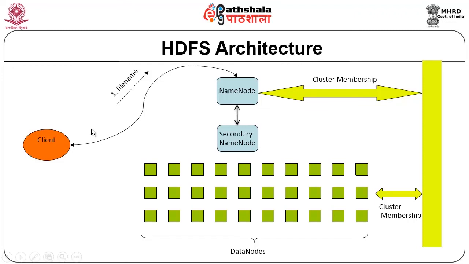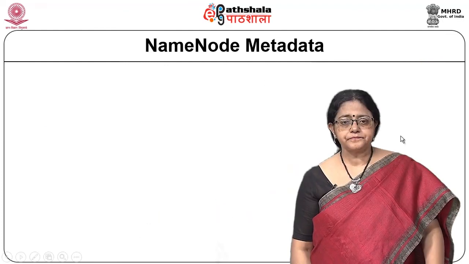So, it will ask the name node which blocks there are and which data nodes contain them. That block ID and the data node information will be sent back to the client, and then the client will contact the data nodes directly and get the data. So, they will get the chunks, the blocks, and combining these blocks they will obtain the overall file.